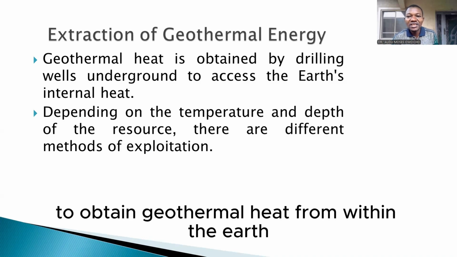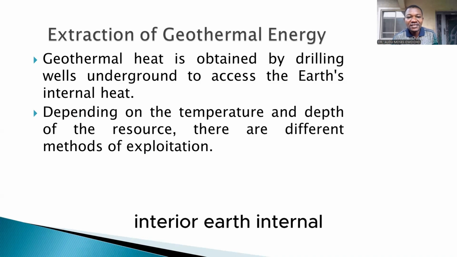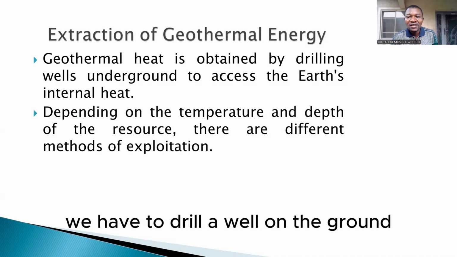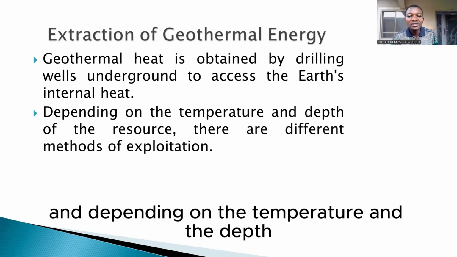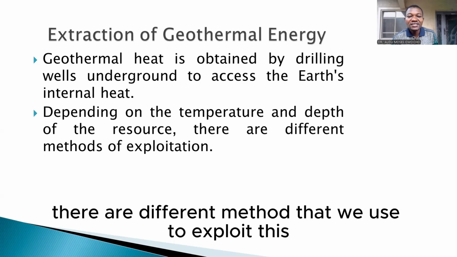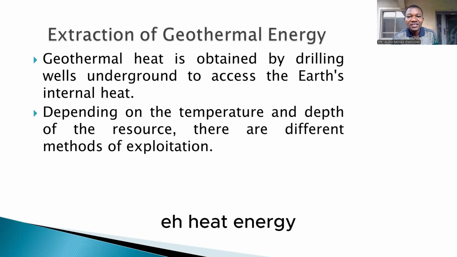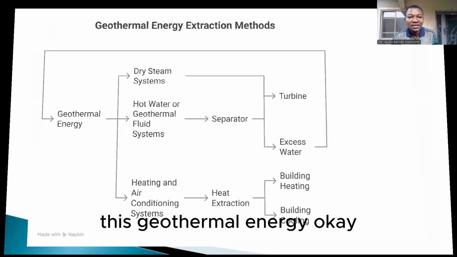To obtain geothermal heat from within the earth interior, we have to drill a well underground so that we'll be able to access the heat. And depending on the temperature and the depth of the heat, there are different methods that we use to exploit this geothermal energy.